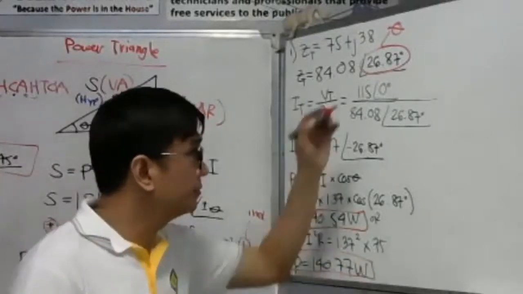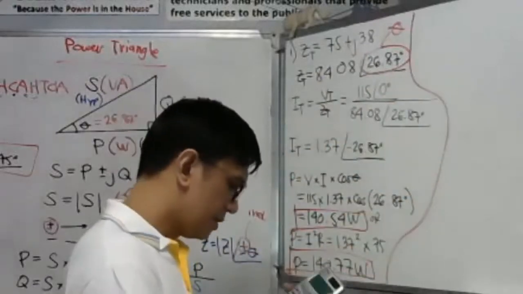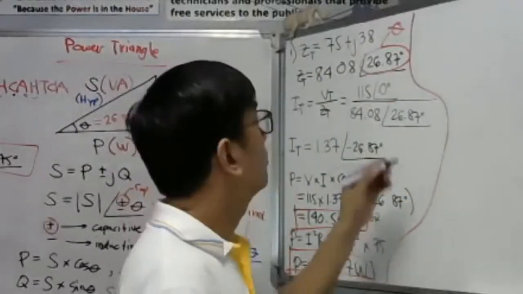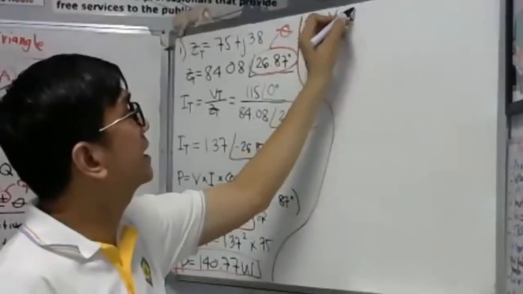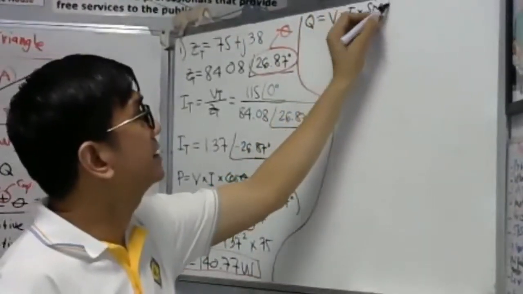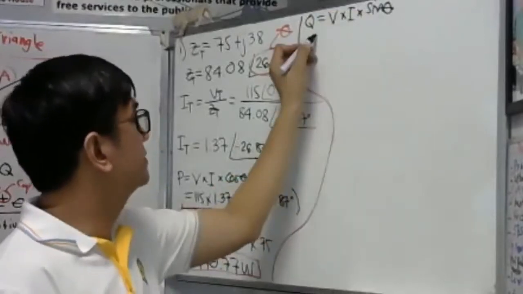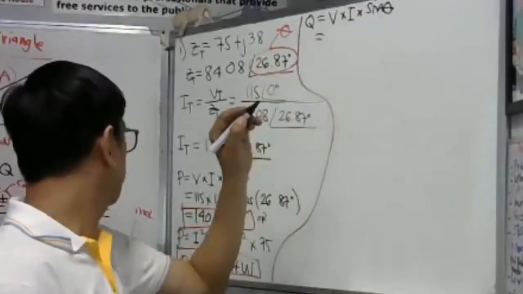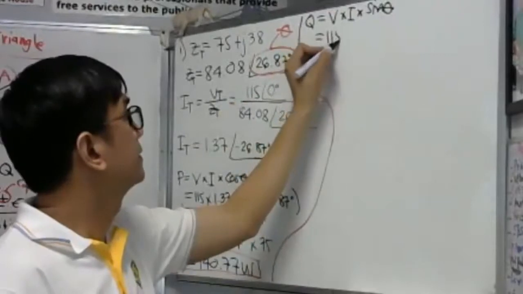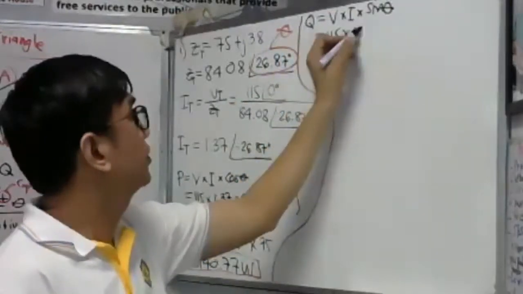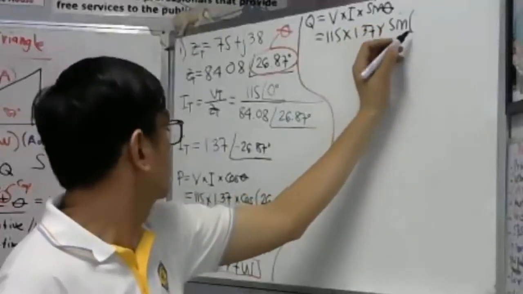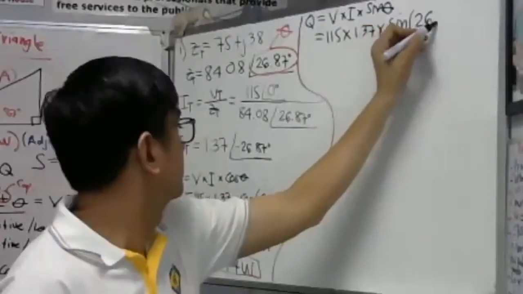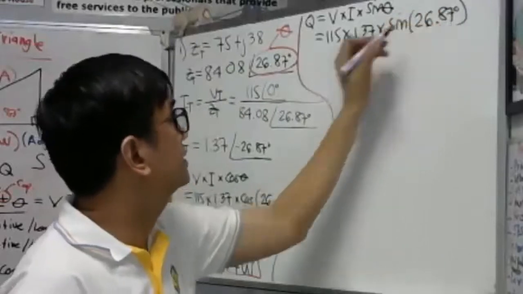Then, I will solve our Q. What is our Q? Our Q is equal to voltage times current times sine theta. Okay, let us substitute. What is our voltage? 115 times the current, 1.37 times sine 26.87 degrees.